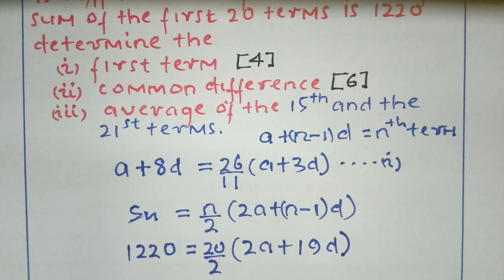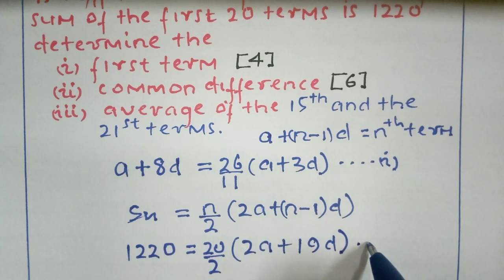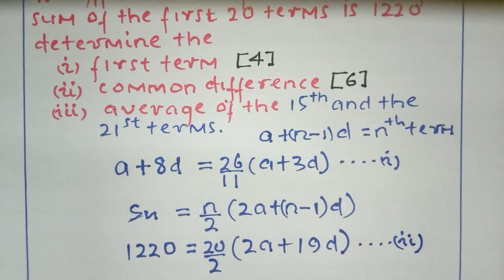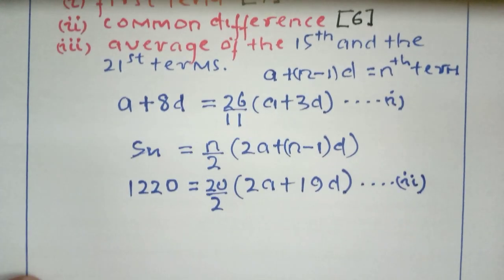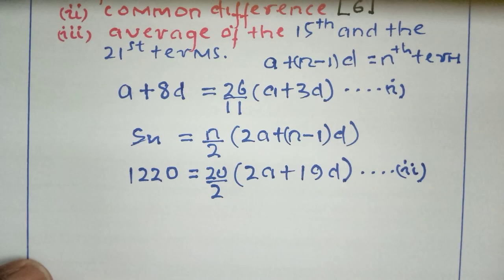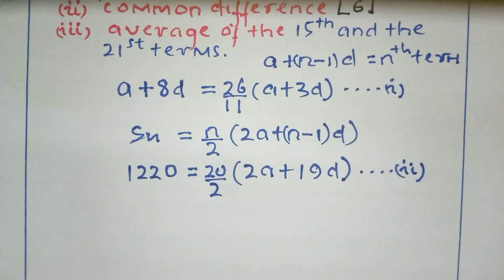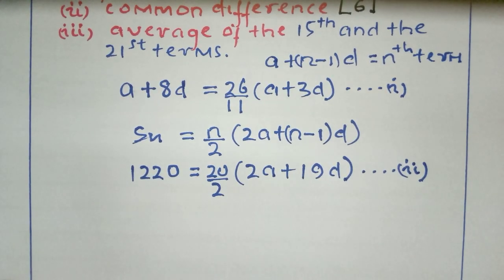After that, guys, this is also another equation we have. So now we have two equations with two unknowns, meaning that we can now solve. Before we attempt that, let's simplify the equations that we have.